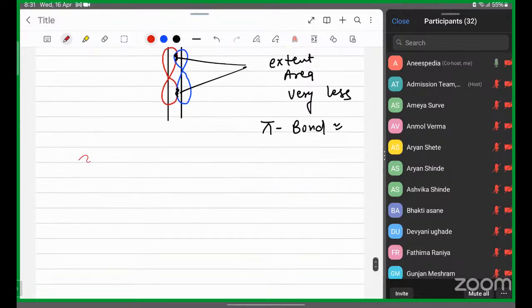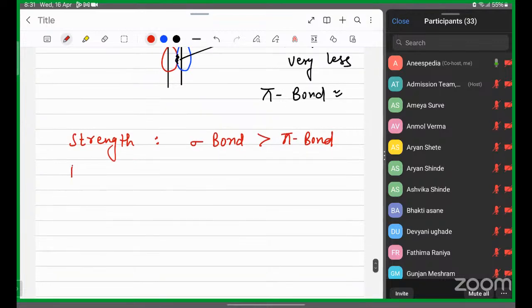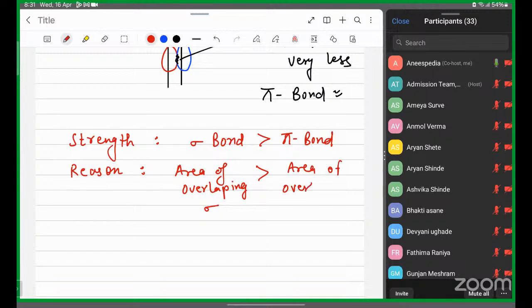So if we are looking for strength, in that case, sigma bond will always be stronger than pi bond. And the reason for it is that the area of overlapping in sigma is greater than the area of overlapping in pi.